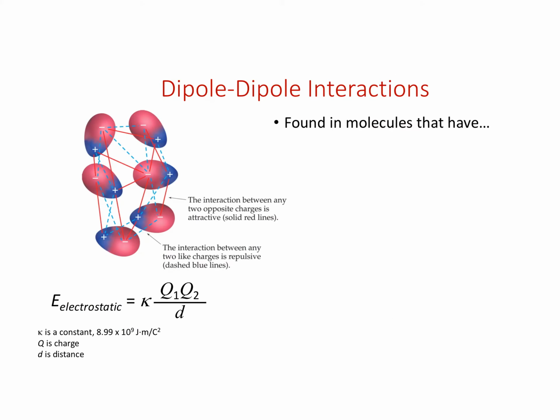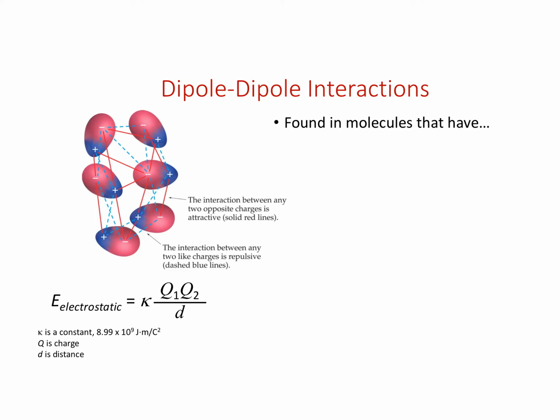These differences in electronegativity also help us understand dipole-dipole interactions. So our dipole-dipole interactions are between two permanent dipoles. So I need to have a polar molecule. I need to have something with low electronegativity bonded to something with greater electronegativity to create that permanent dipole within a molecule.